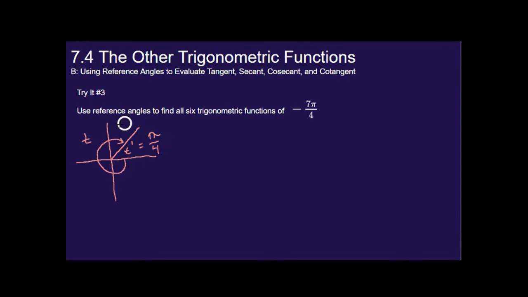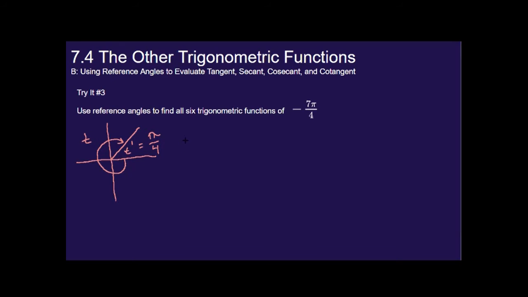And of course, because this reference angle ends up in the first quadrant, you don't need to change any of the signs. Which ones are going to be positive in the first quadrant? They're all going to be positive in the first quadrant. Go ahead and pause the video and figure out all the 6 trigonometric functions of pi over 4, which would then therefore be the same as the trigonometric functions of negative 7 pi over 4, and then come back and check your answers.